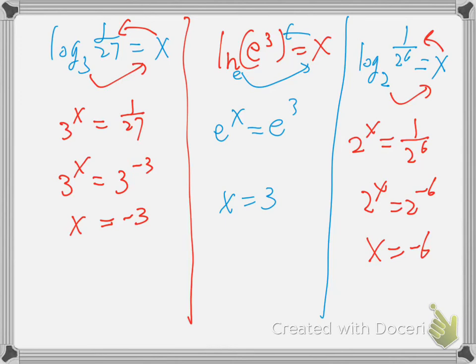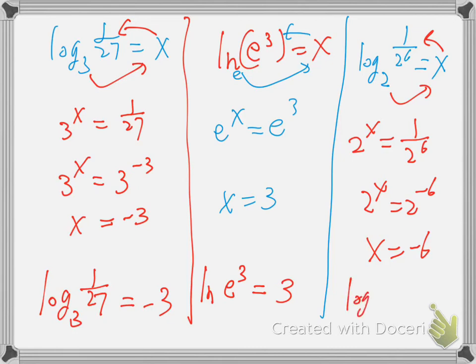So the answer for the first one is log 3 of 1 over 27 is x, which is negative 3. The answer for the second one, ln e cubed is x, so this is 3. And the last one, log 2 of 1 over 2 to the 6 is x, so this is negative 6. Okay, so we just use the letter x to rewrite log form to exponential form.